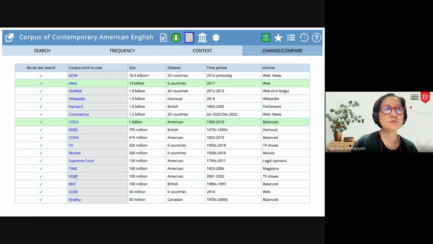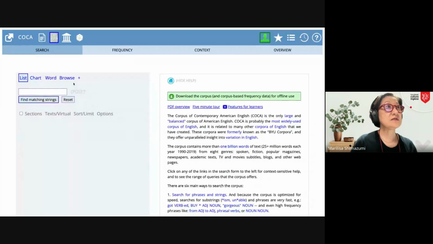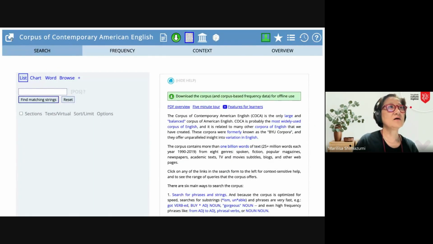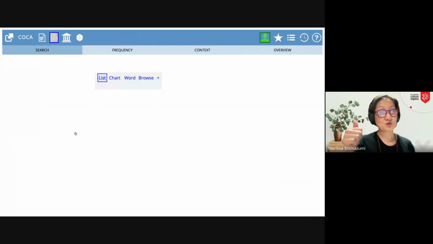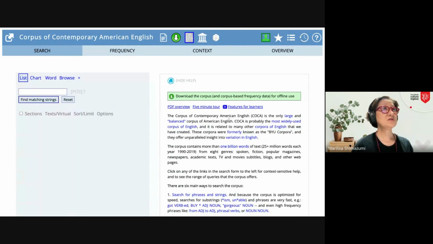And you have soap opera, British National Corpus, you have movies and TV, and the history corpus. By the way, sorry, you click here on this arrow, okay? You have other impressively big, large corpora here, but we are going to stay with the 1 billion words, which is good enough, which is the Coca corpus, okay?